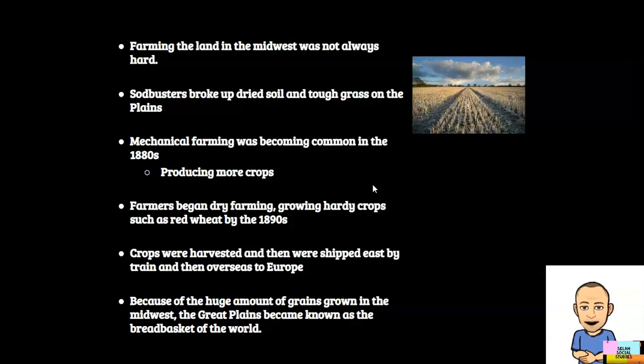And farmers began to dry farm, which resulted in hardy crops such as red wheat. And they would harvest these crops and ship them east by train and then overseas. And the abundance of grains grown in the Great Plains resulted in the Great Plains being nicknamed the breadbasket of the world.